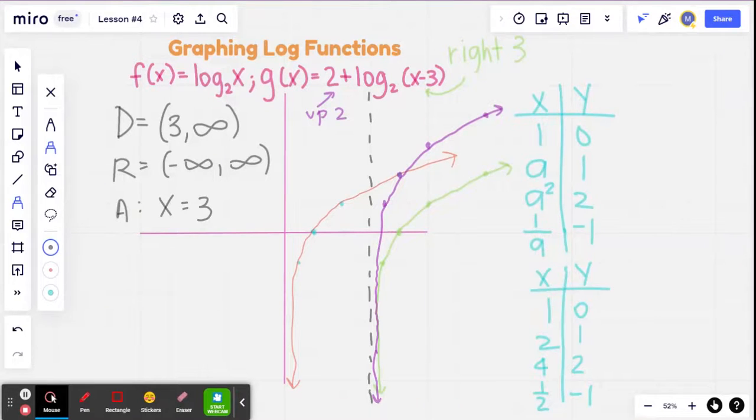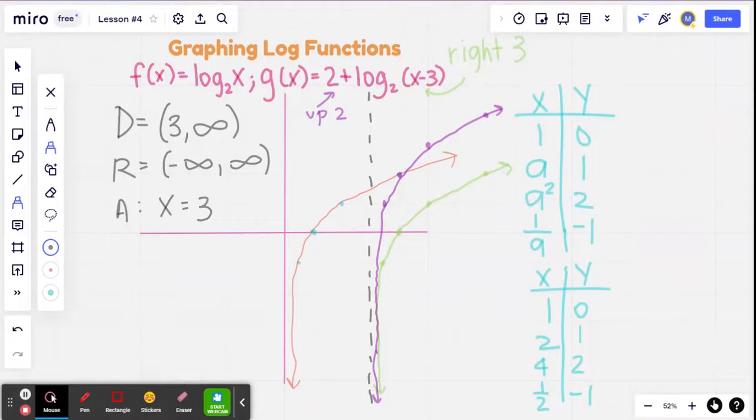So now that that's out of the way, today's lesson will be on how to graph log functions. We'll be learning how to graph the log function f of x as well as the log function g of x. When graphing these functions, we should first start by graphing f of x, because f of x is essentially playing the role of the parent function in this problem.